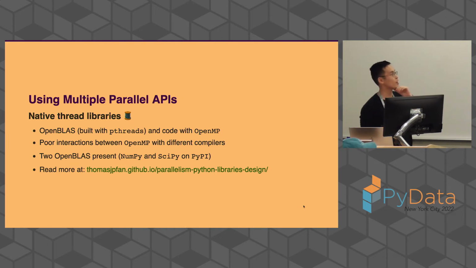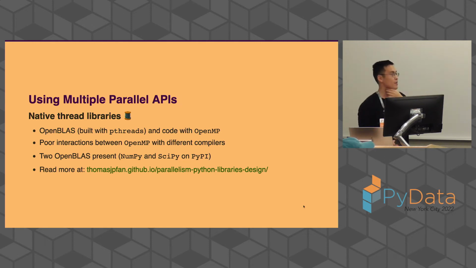Even if you use multiple native threading libraries, like OpenBLAS with pthreads, and then you have OpenMP code, things may stall. If you're using two OpenMP runtimes, meaning OpenMP compiled with LLVM and OpenMP compiled with GNU, things may be bad. And also, if you have two OpenBLAS present, which you commonly see when you install SciPy and NumPy from PyPI, they both ship with their own OpenBLAS.